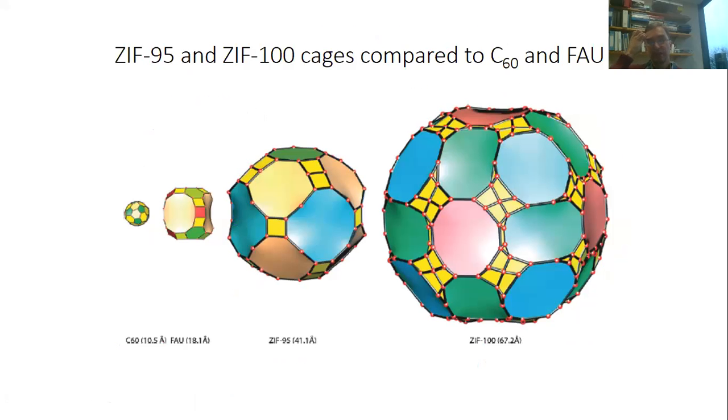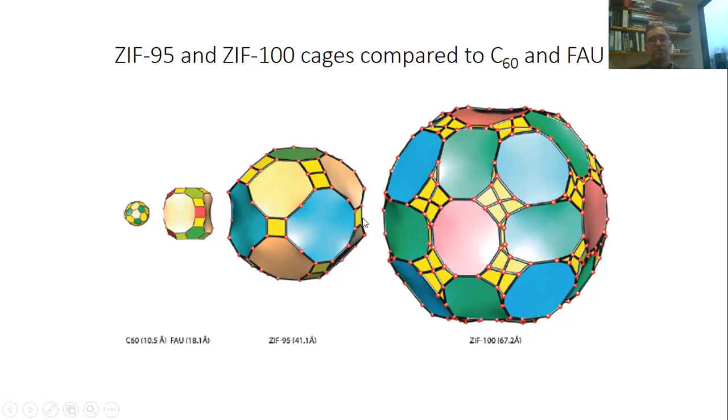So here's just another size comparison. You see here the Buckminster fullerene C60, which has a diameter of 10.5 angstroms. Here, this is the cage of the large pore faujasite structure, the FAU framework type.